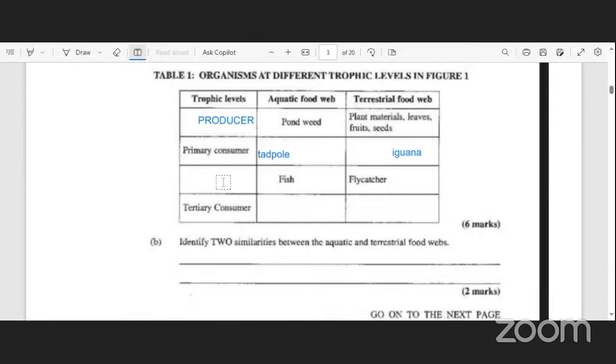Okay, now we're moving down to the third trophic level. Yes, Karima, I made the adjustment. So here we have producer and primary consumer. What would come next after the primary consumer? So what should come here?